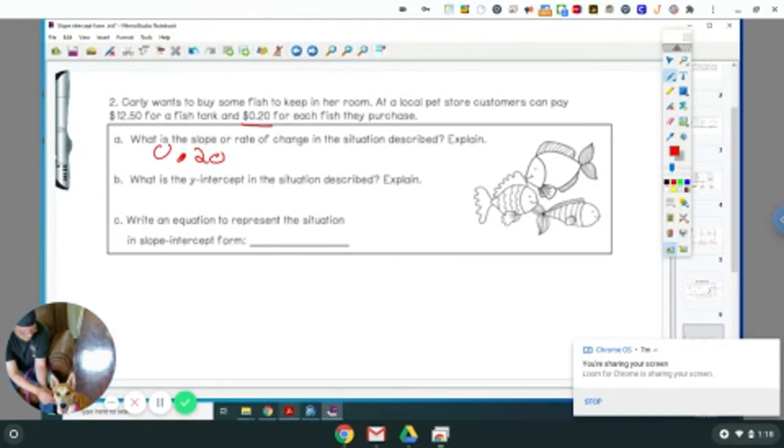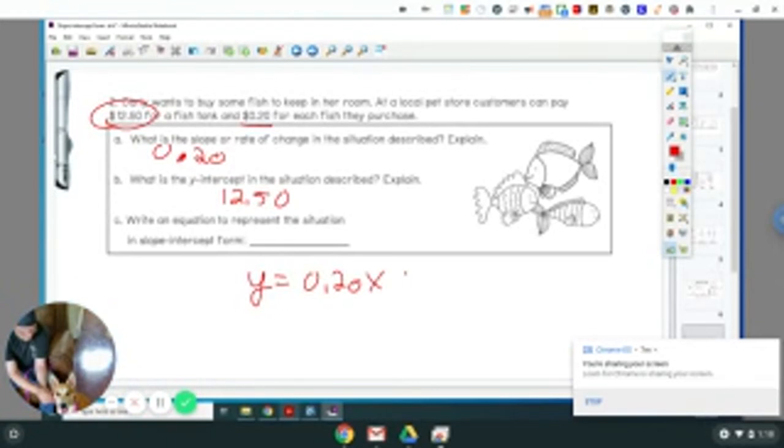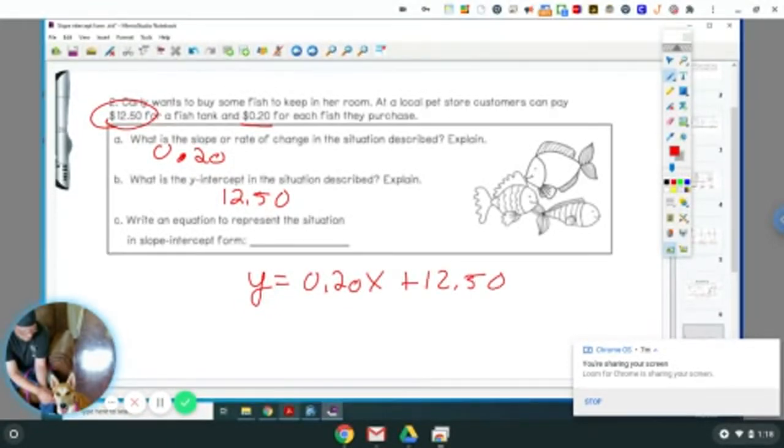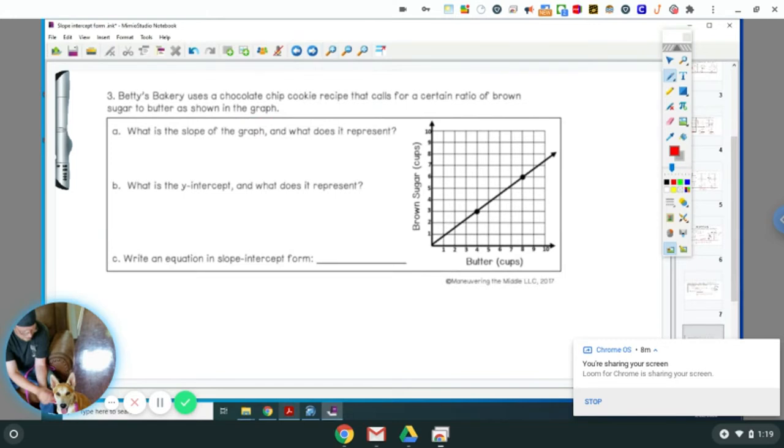So it says the first starting fee is $12.50 plus an additional 20 cents per fish. So $12.50 is your y-intercept. So my equation would be y is equal to 0.20x plus $12.50 for the fish tank. We've actually done these before, so this might be very familiar, but you just now know the vocab terms.